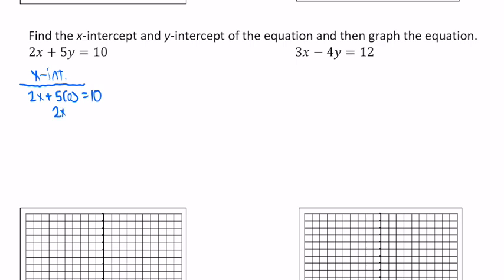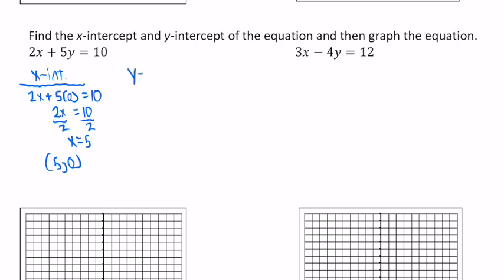So we're left with 2x equals 10. And then we divide both sides by 2, leaving us with x equals 5. We put in 0 for y and got 5 for x. The point (5, 0) would be on our graph.